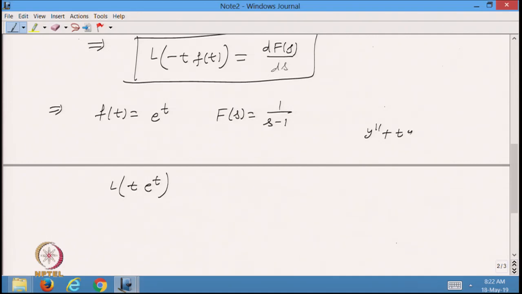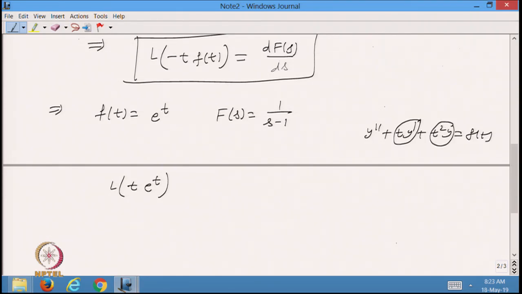Whenever you have a constant, that is okay, but whenever it is multiplied by some function of t, you have to take the Laplace transformation of that factor also. For example, suppose I have y double dash plus t y dash plus t square y equal to some f(t), and then I have to take the Laplace transformation. So, I should be able to find the Laplace transformation when I multiply by t. Here I multiply by t, and here I multiply by t square.